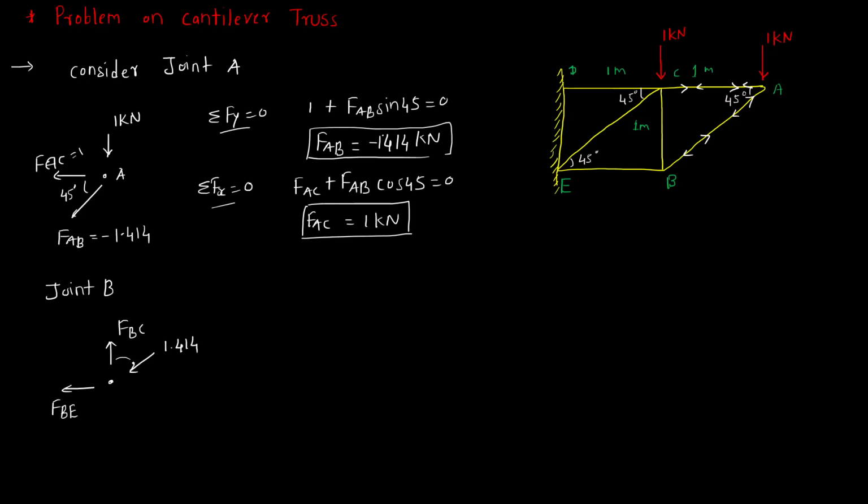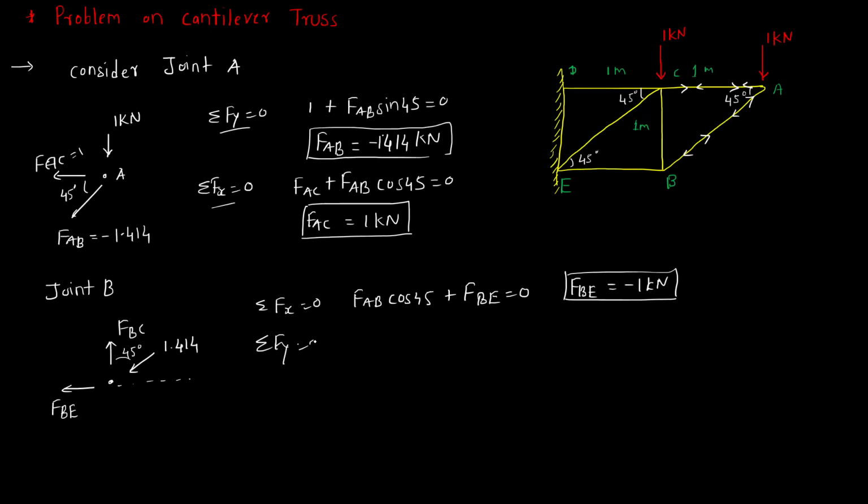If you look, this angle is 45 degrees. Same thing now, sigma Fx is equal to 0. So we'll get here FAB cos 45 plus FBE is equal to 0. So after solving it, we should get FBE is equal to minus 1 kilonewton.